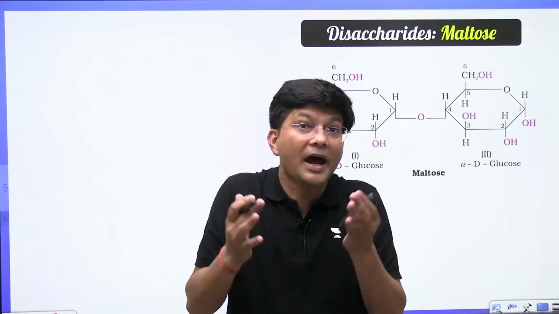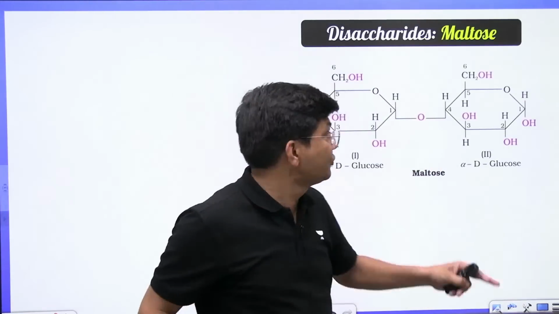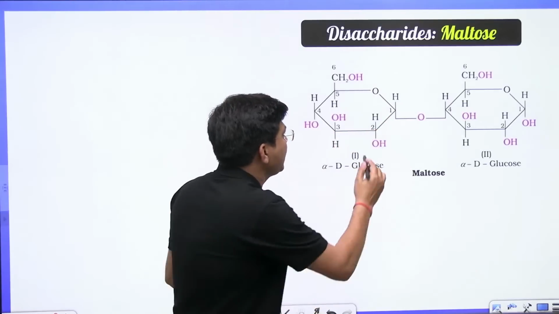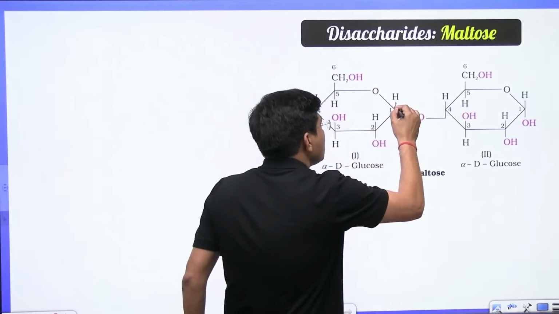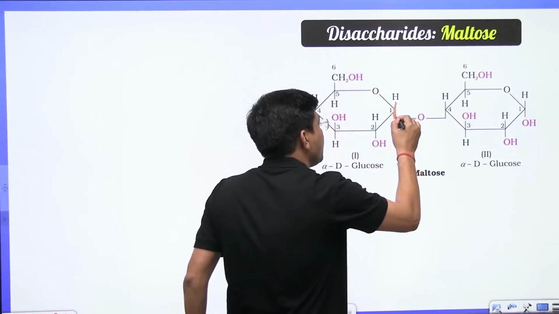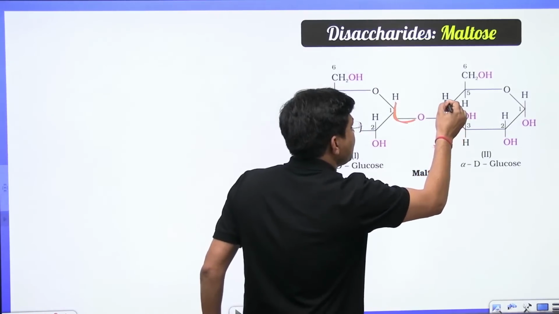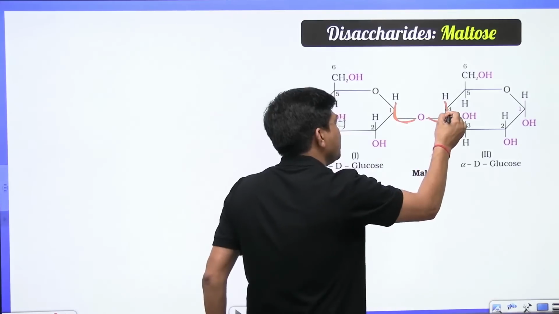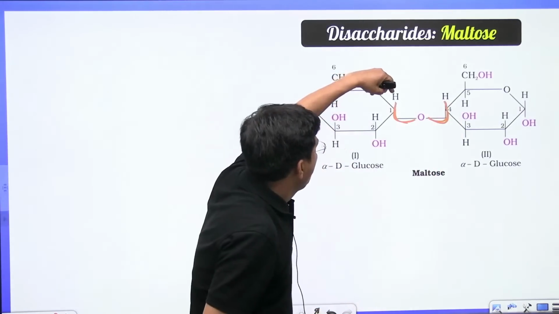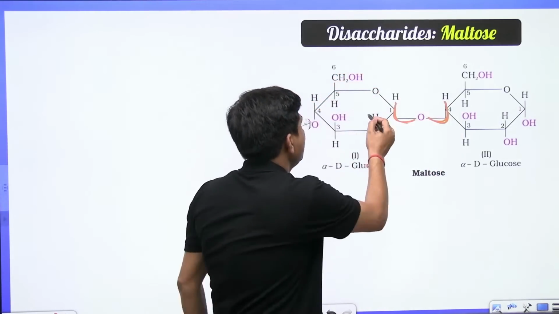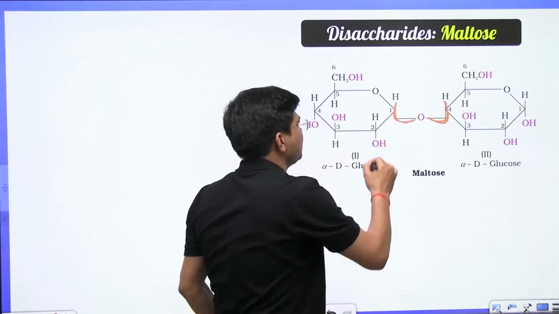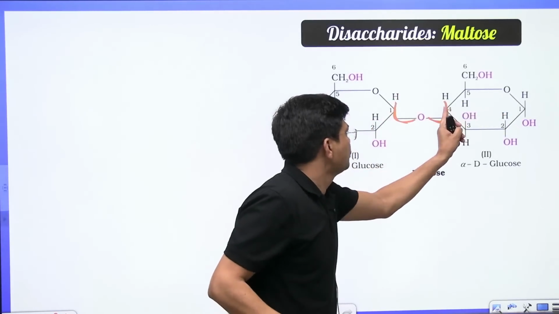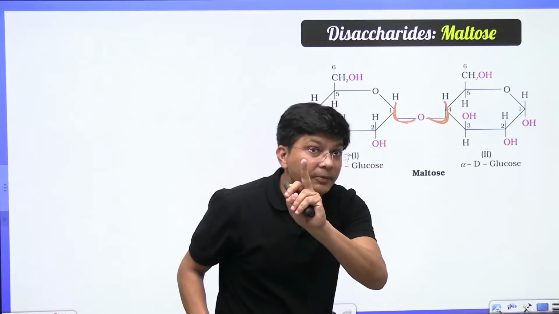So 2 molecules of alpha D glucose are combined together, and the clearer structure should be like this, because in NCERT a bend is shown, indicating bond line rotation, with 1 carbon there. See, in this alpha D glucose the first carbon is involved, and in that alpha D glucose the 4th carbon is involved. Are you getting my point?